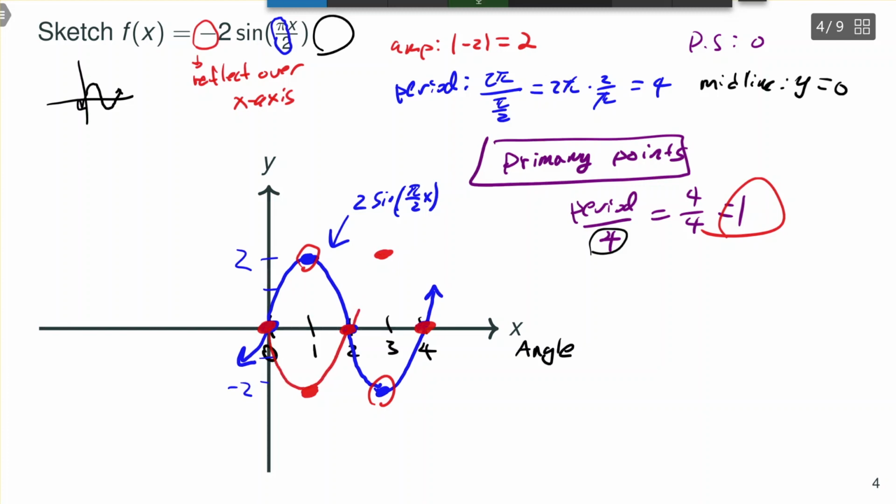Sorry, this is more like this shape. And again, it repeats, so draw an arrow. This red graph right here is the final answer, negative 2 sine pi x over 2, which is the same as writing pi over 2 times x. So let me highlight the final answer. This is the final graph right here. Again, it repeats, but we just draw one period.